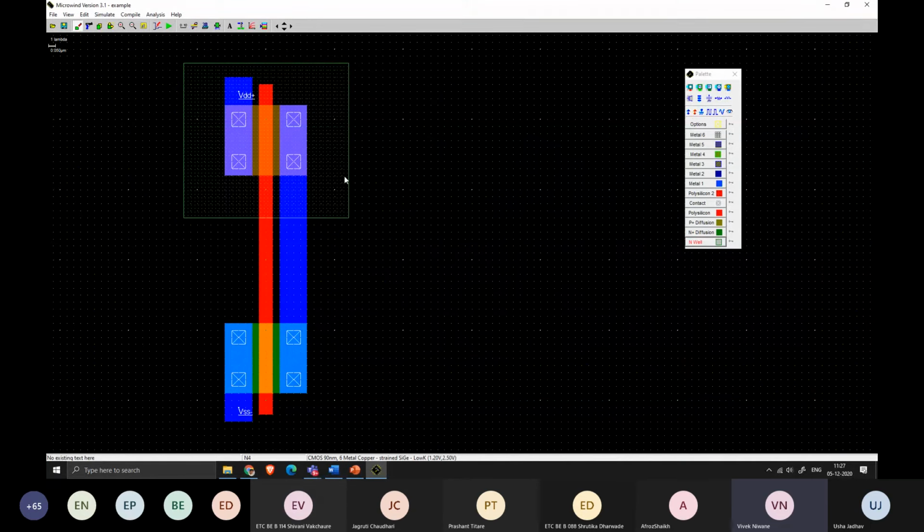This N well has to be polarized, so we need to put a VDD supply inside the N well. Okay, क्योंकि that is a body terminal. Do remember that.